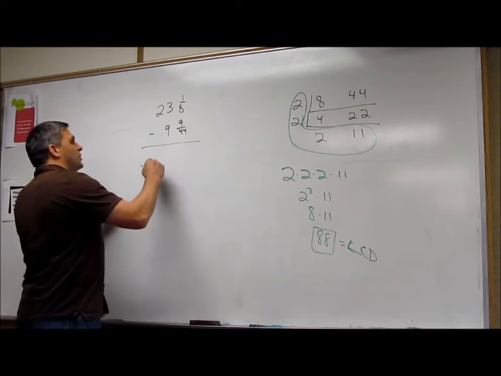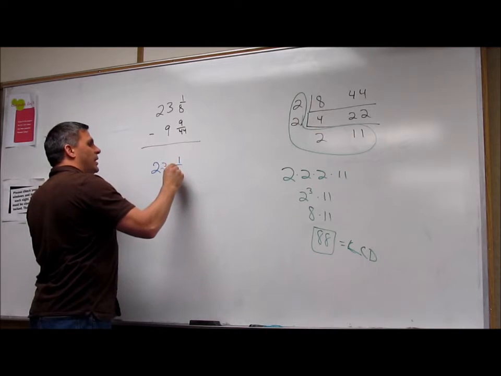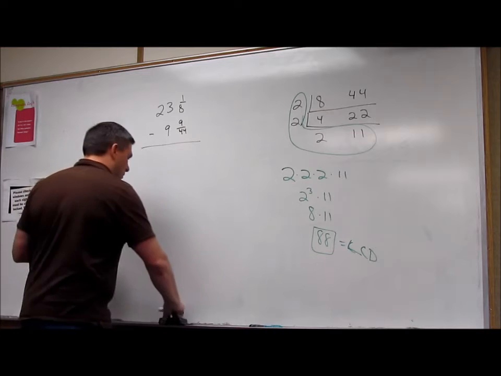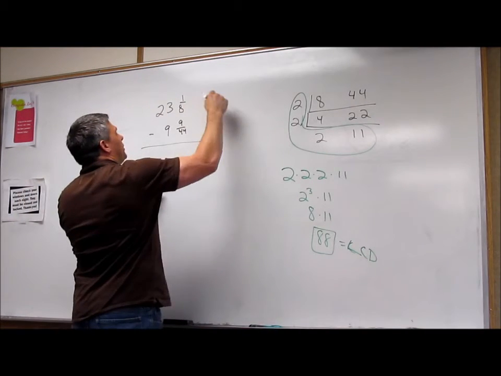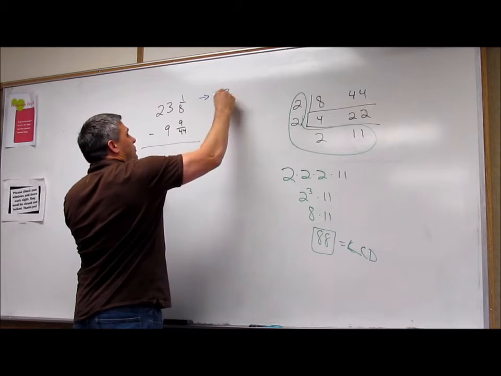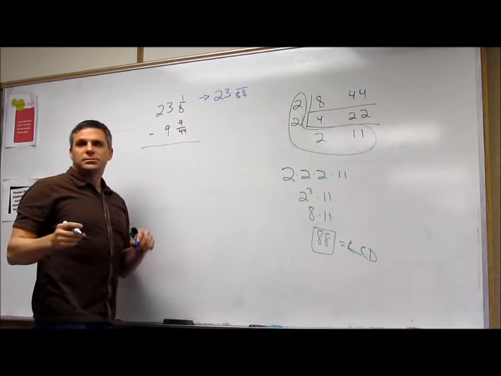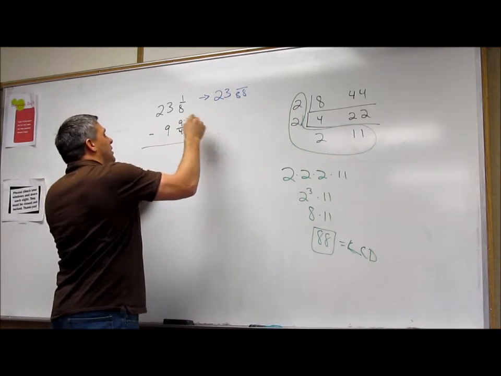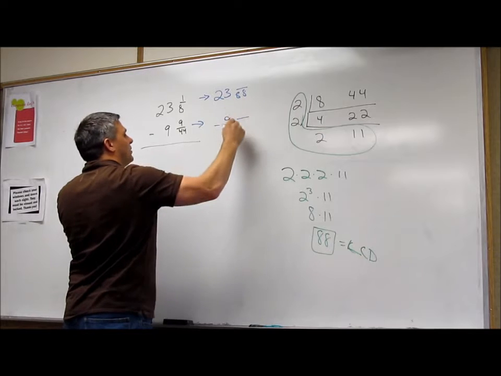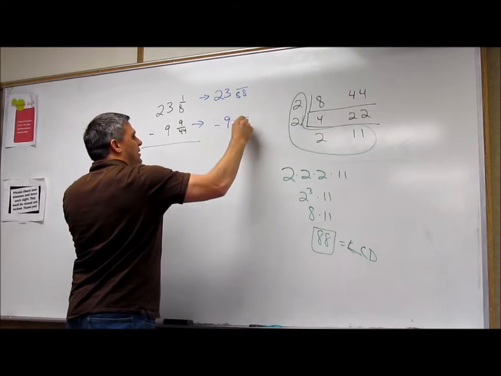So again, 23 and 1/8, well, I'm sorry. We're going to go this way with it. 23 and something over 88. And this is going to go minus 9 and something over 88.